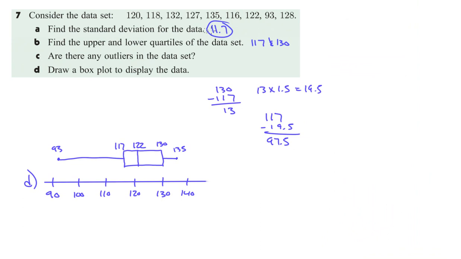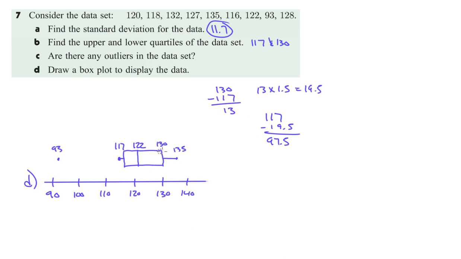Then what we have to do is go back to our next smallest piece of data, which is 116. So we go to 116, which is right about here. And then we're going to erase all this stuff in between, because that 93 there is an outlier.